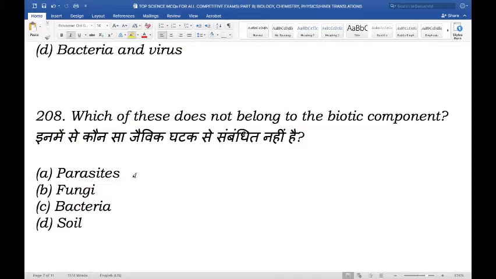Is it A, parasites, B, fungi, C, bacteria, or D, soil? So the right answer here is D, soil. Soil is an abiotic component. Other examples of abiotic factors include wind and light.